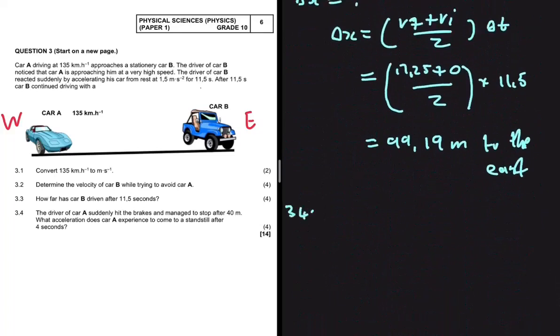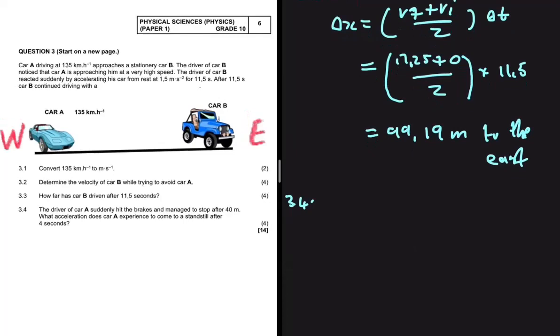The driver of car A suddenly hit the brakes and managed to stop after 40 meters. What acceleration does car A experience to come to a standstill after 4 seconds? Let's conceptualize. Let's try to envision what is happening here. Car A was traveling at a velocity of 37.5 meters per second to the east.